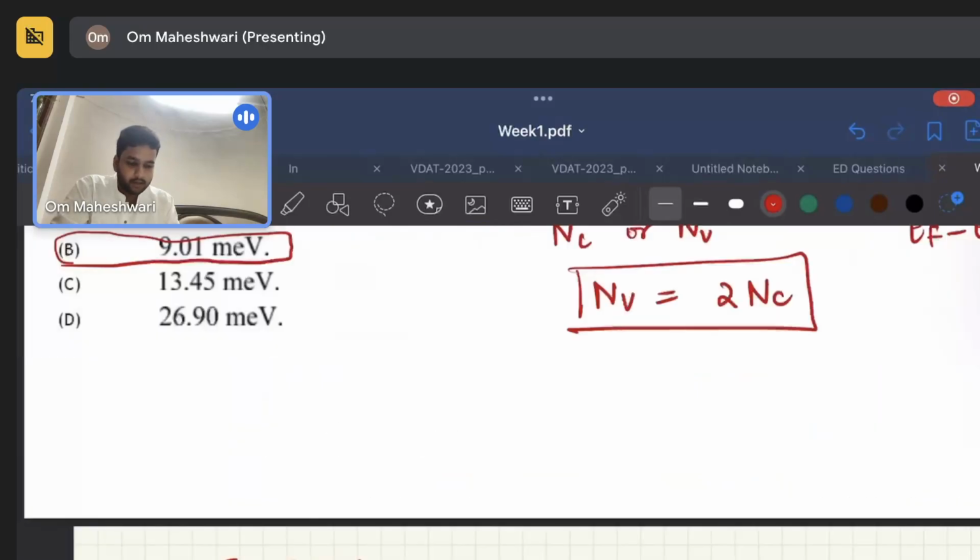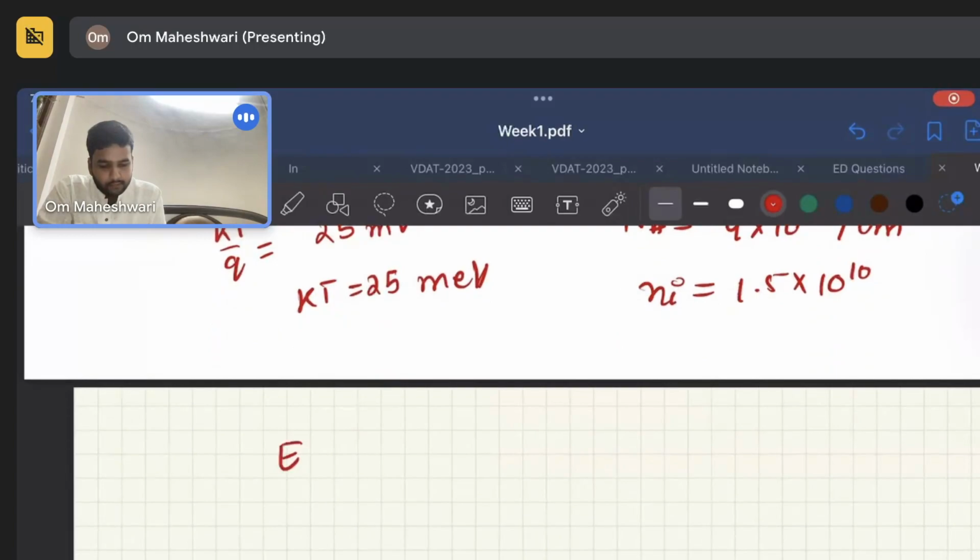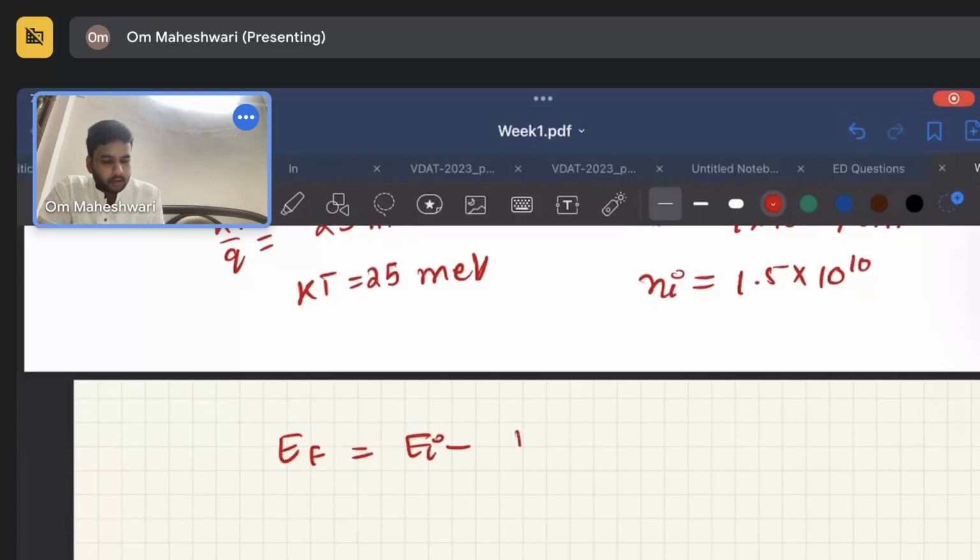Let me write the relation also: EF equals EI minus KT ln Na by Ni.